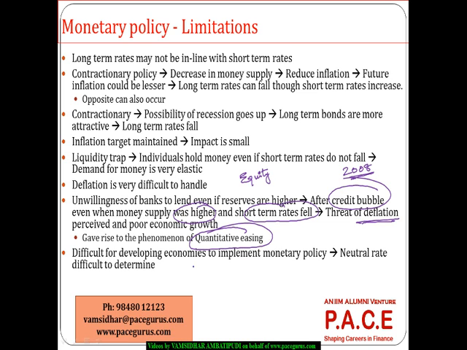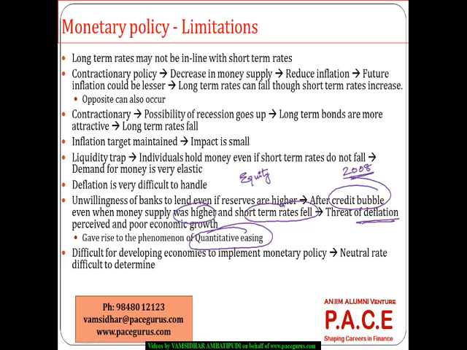So the central banks of the countries have thought about and come out with a new mechanism called quantitative easing, where they push the money supply into the market high enough so that the banks feel more and more comfortable lending, and also create confidence in the borrowers with respect to borrowing, and get the system running in a much better manner.